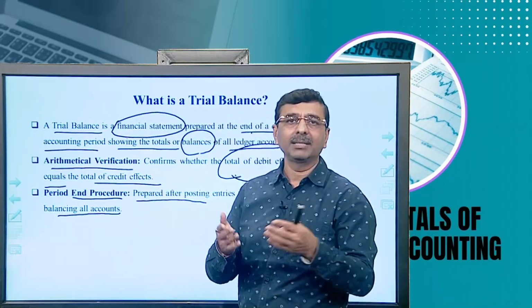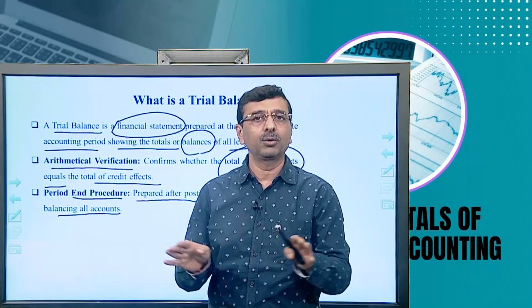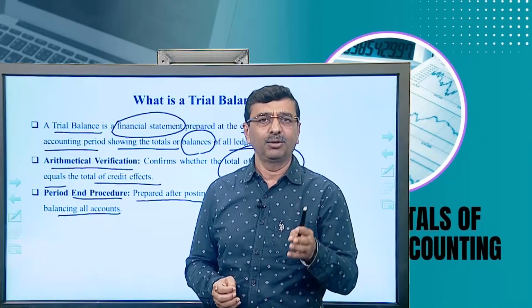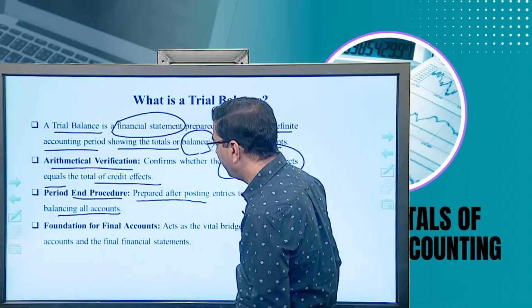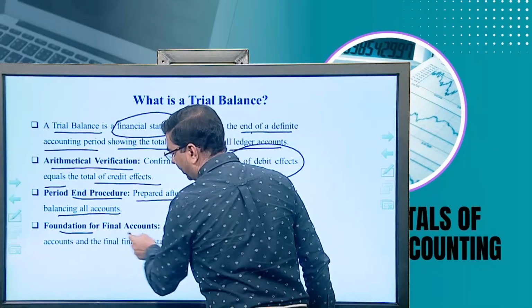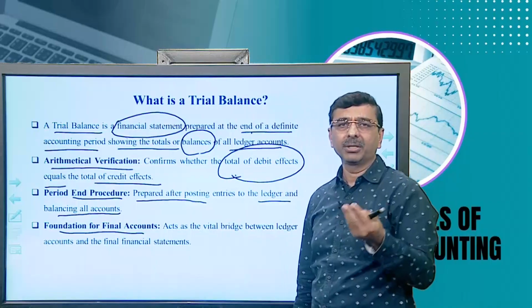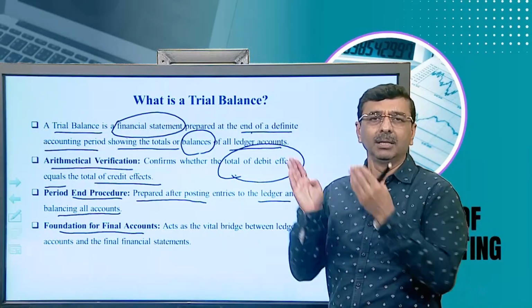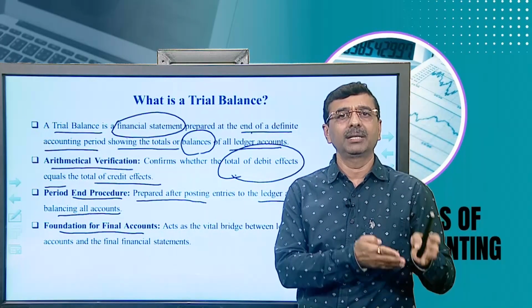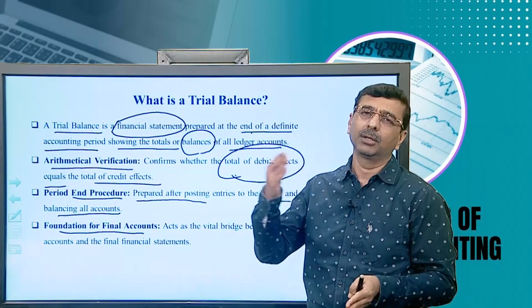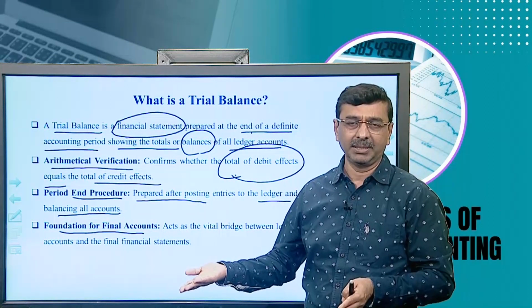Once you balance all the accounts, the accounts are closed, and the balances found will be transferred into the trial balance. Then it is the foundation for the final accounts. As I mentioned in my introductory speech, the trial balance is a bridge between the ledger accounts, or transactions of the financial entries, and the preparation of the financial statements.